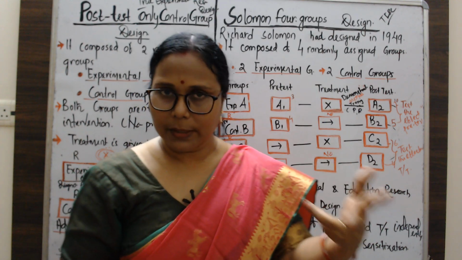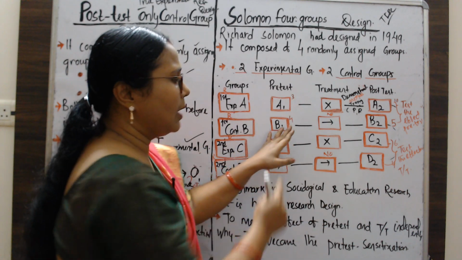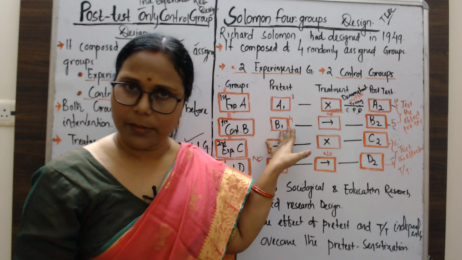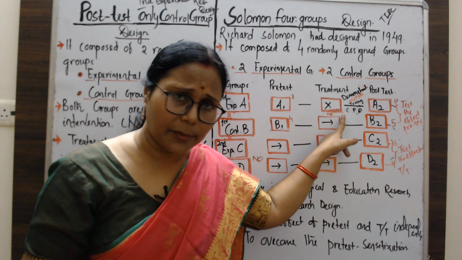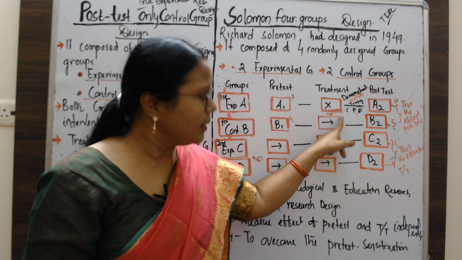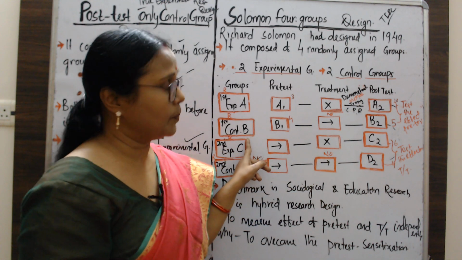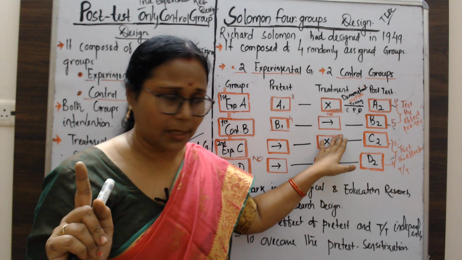For the first two groups, experimental and control, you do a pre-test, assessing their pre-test knowledge about cardiopulmonary resuscitation. In group A, you take the demonstration class, then do the post-test. But in group B, the control group, pre-test knowledge is assessed, then there is no demonstration class, and again we go for the post-test.